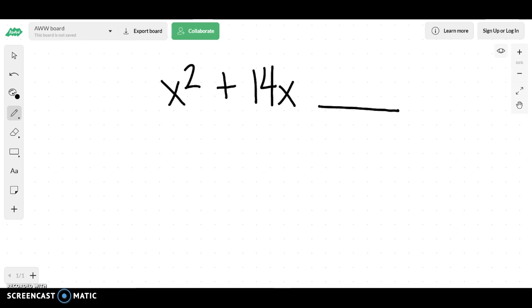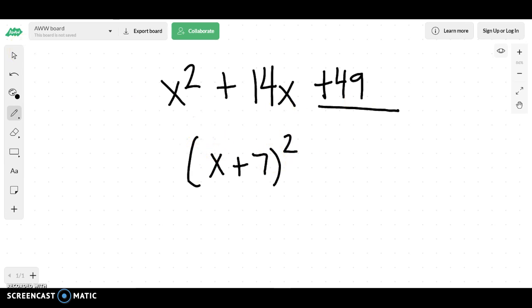Well, I can pick what the last number is, because I know when this compresses down, it should be x plus 7 squared. And then when you think about what the last number should be, it should be 49. Because the square root of 49 is 7, or 7 times 7 is 49.